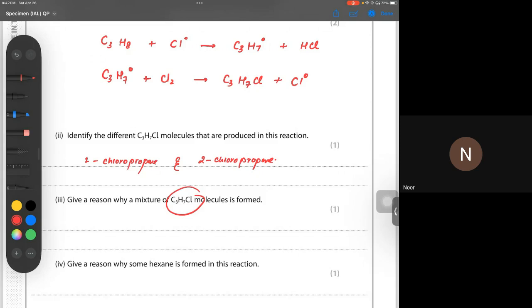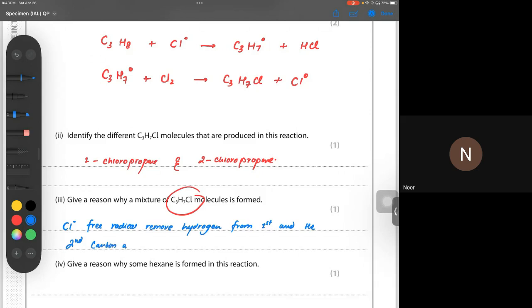So this is only one mark. I'm supposed to write the chlorine free radical. Remove hydrogen from the first and the second carbon atom.